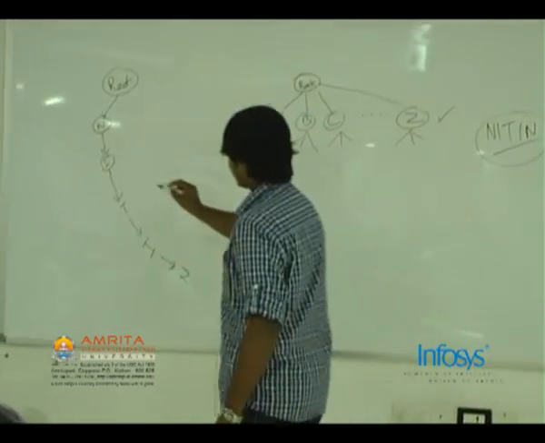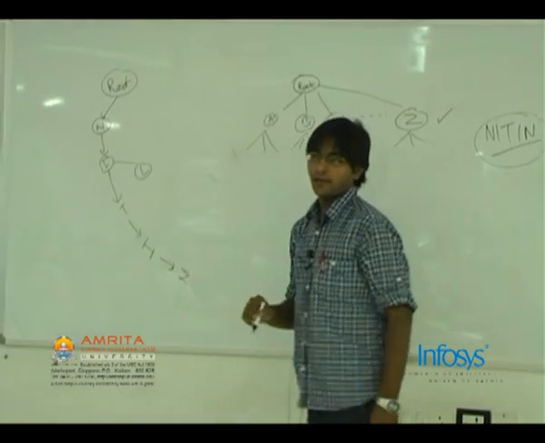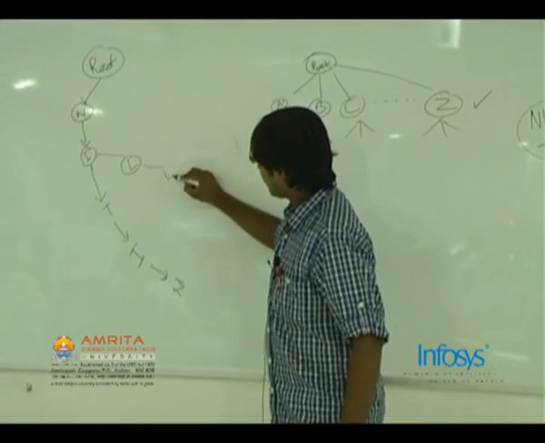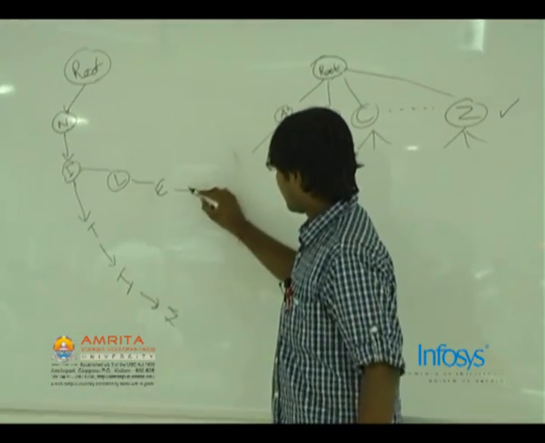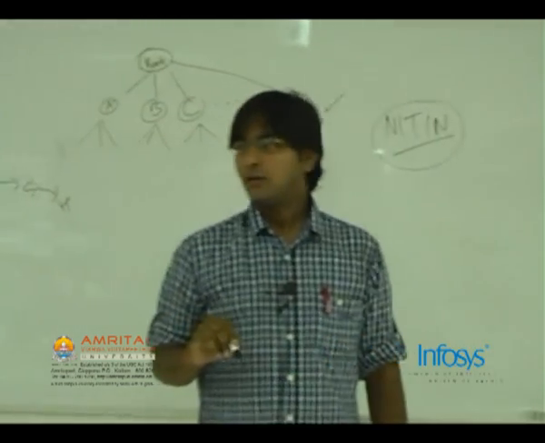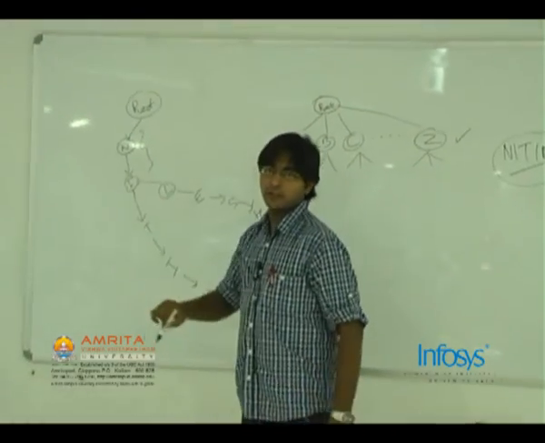So you will create this node L and follow it. Similar to what you did for Nitin, you will go and follow E, then S, and then H. So whatever prefix is common is taken only once in a trie.